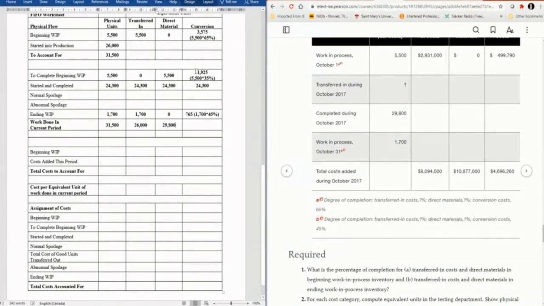And I've got 1,925 plus 24,300 plus 765, which gives me 26,990. We good?